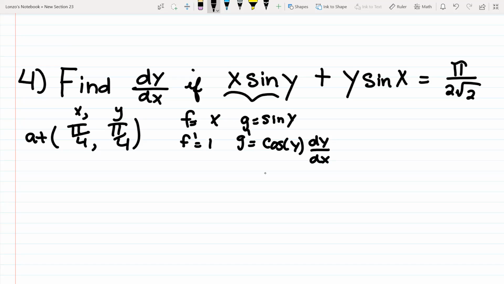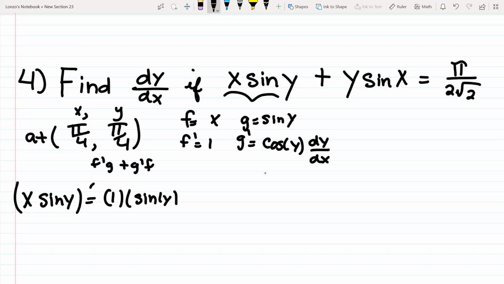So let me write this out. The derivative of x sine y is going to be product rule. So f prime times g plus g prime times f. F prime is 1 times g, which is sine of y, plus the g prime, which is cosine of y dy over dx, and then f is x.